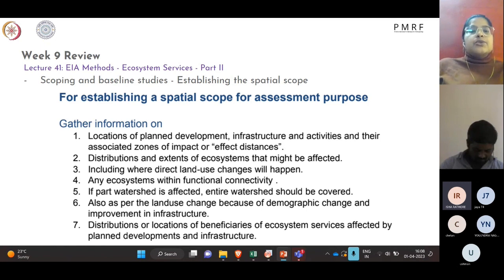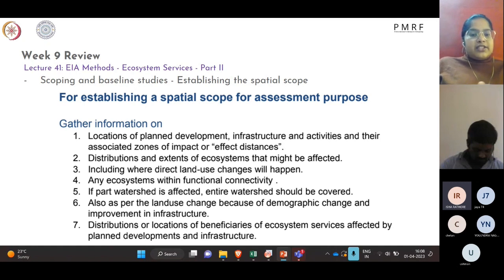So then you identify those zones and mark them, outlining the effect distances. That is, how much distance your development activity impacts, like from how much distance to how much distance your ecosystem services are being disrupted because of the development in your project site.